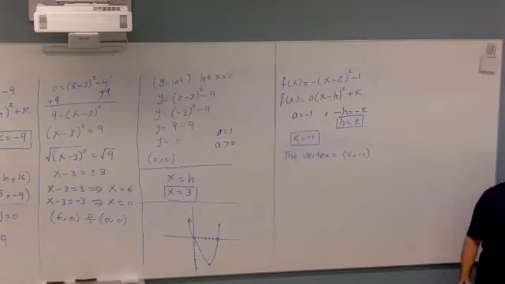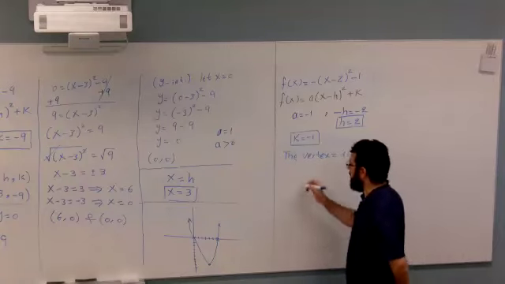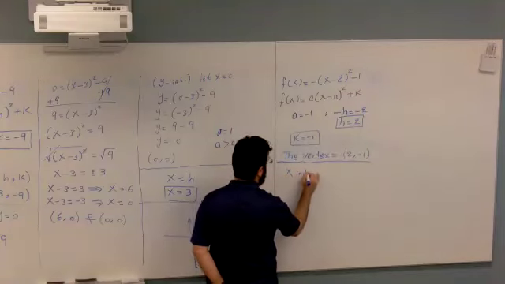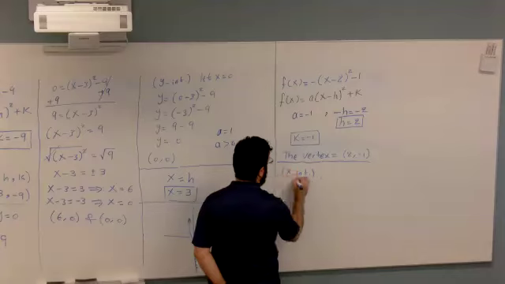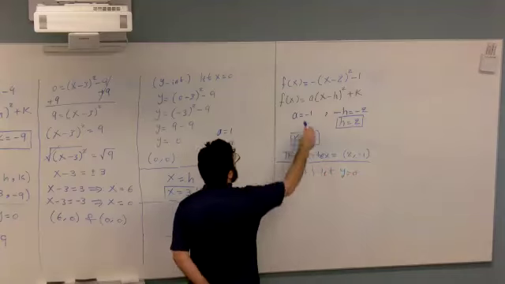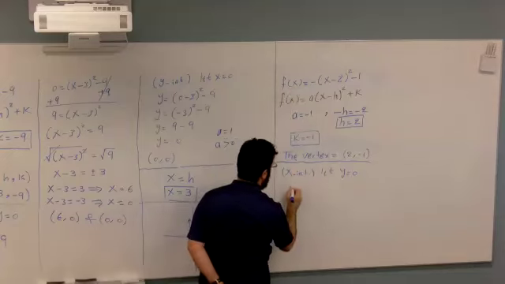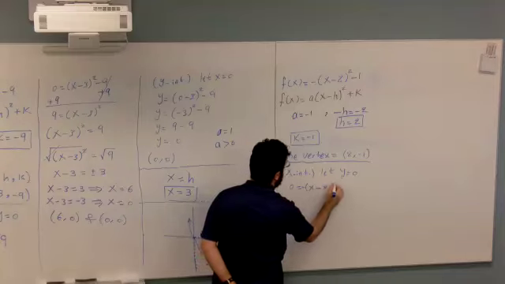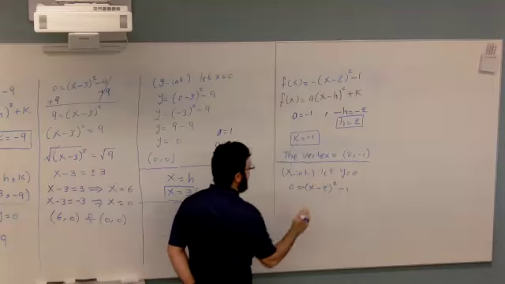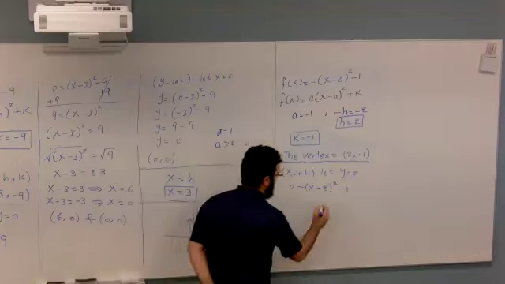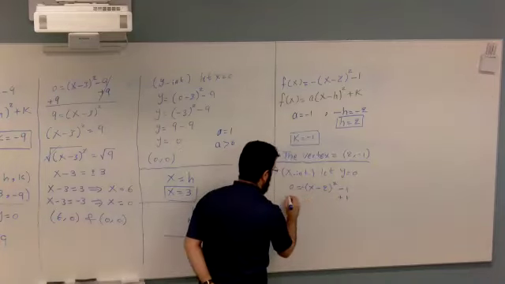Next step, we're going to find what? The x-intercept. Let y equal 0. So 0 equals -(x - 2)² - 1. How are we going to solve this one? Go ahead, add 1 to each side.